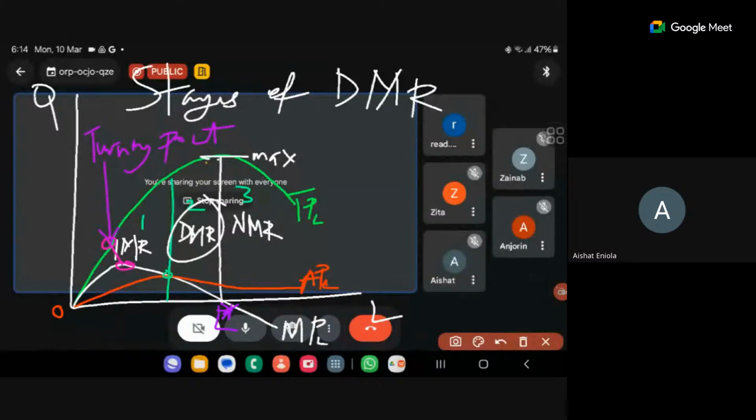At a decreasing rate. Again, in all those stages, marginal product falls, but total product rises at a decreasing rate.